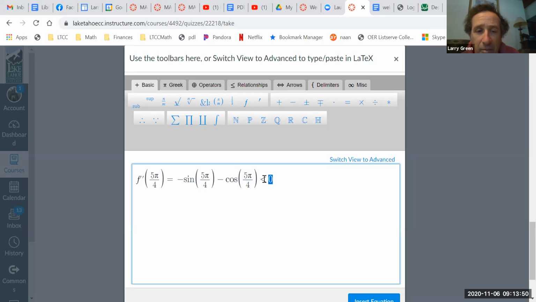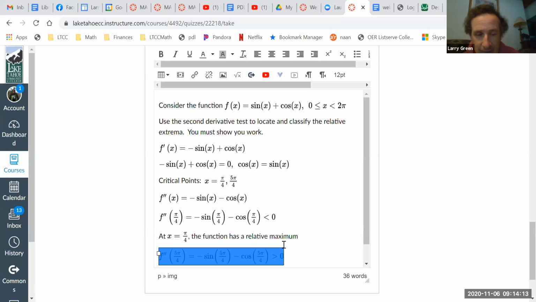In quadrant 3, the sine and cosine are both negative, right? So if you have negative sine minus cosine and both are negative, what does that tell you about being positive or negative or 0? It's positive. So we know that f double prime at 5 pi over 4 is positive.